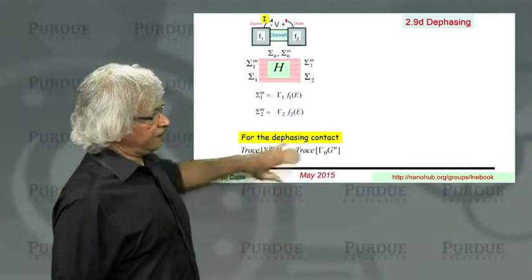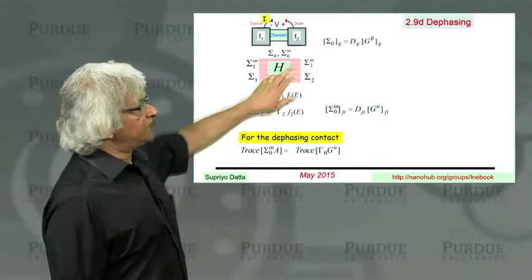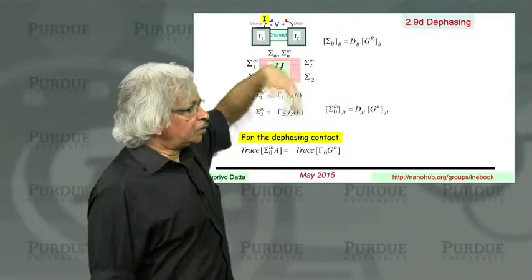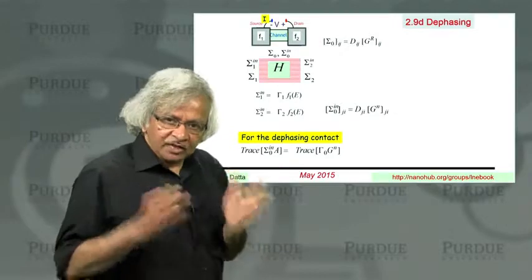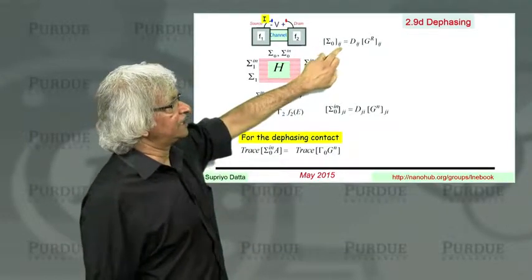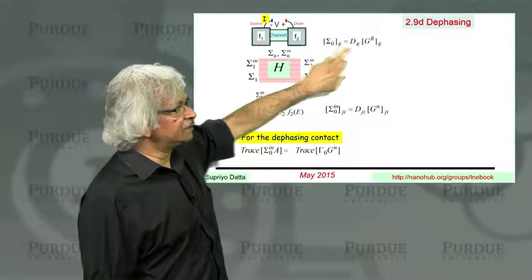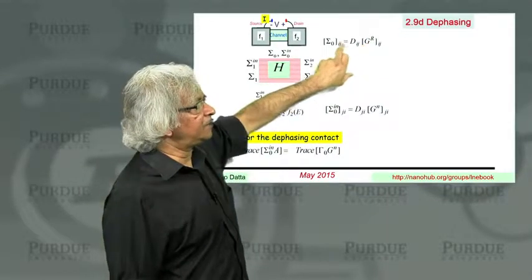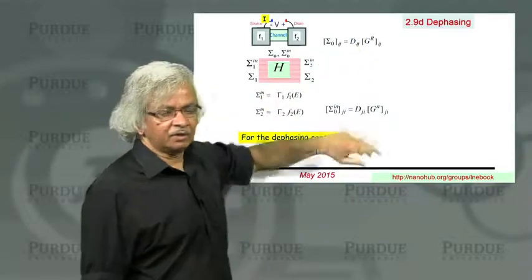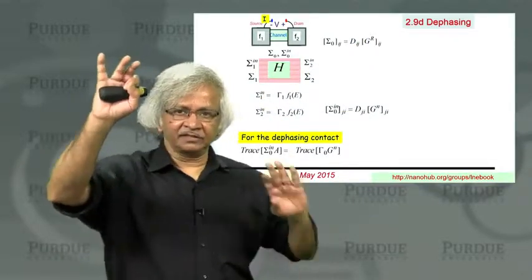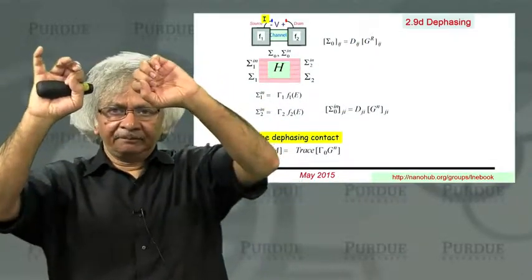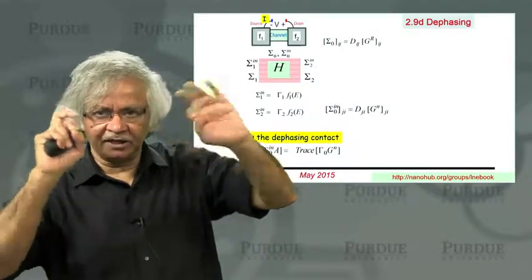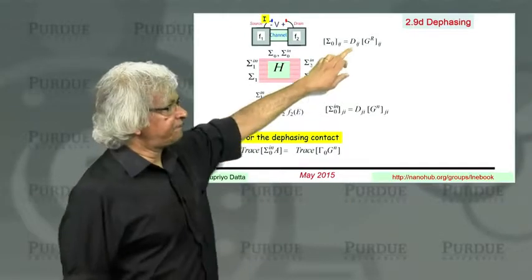So in general, the point I want to make is, previously I wrote sigma 0 as a number times GR. You could do something more sophisticated where you say, okay, I'll look at the ij element of sigma 0 and relate it to the ij element of GR and multiply it by Dij. So in other words, previously we were taking the entire matrix and multiplying by a single number. Now we are taking the entire matrix and multiplying each element by a separate number, Dij.